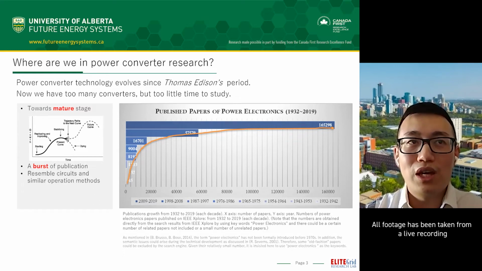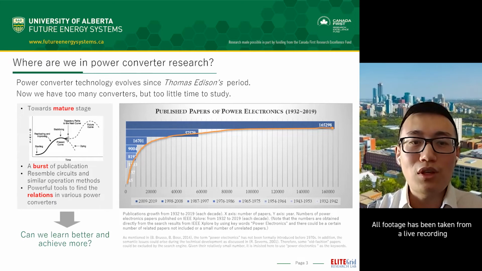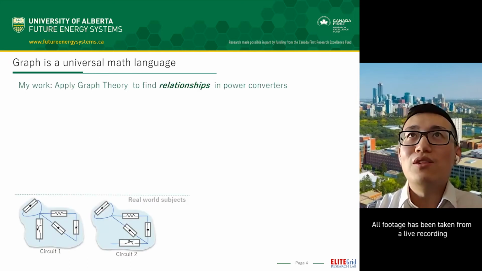So how can we achieve this goal? The answer is to find the right model through the proper mathematical tool. My work is to apply a very powerful tool called graph theory to power converters. Graph theory has been popular in many electrical engineering areas.